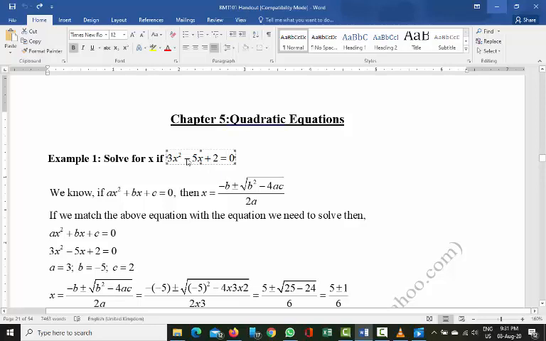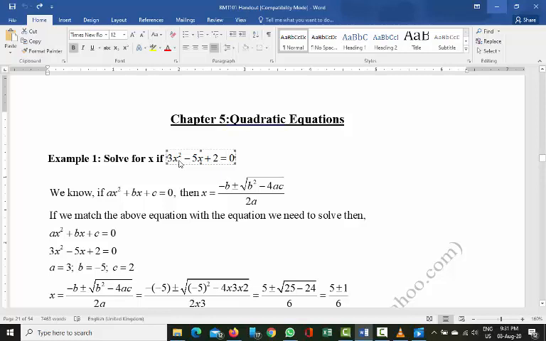Why second degree? Because the highest power of the variable is 2. Here the variable is x, and the highest power of the variable is 2. That's why we can also call it a second degree equation.